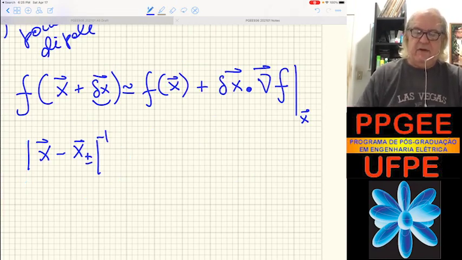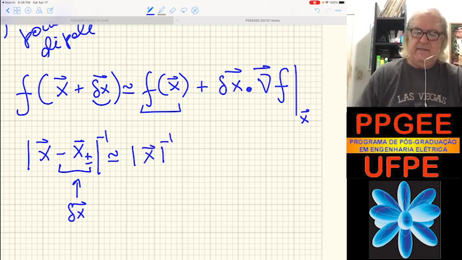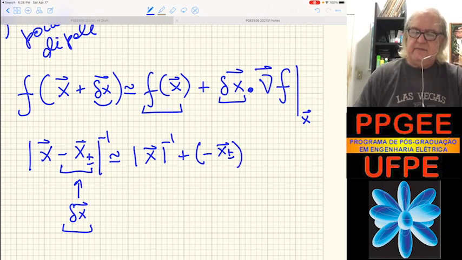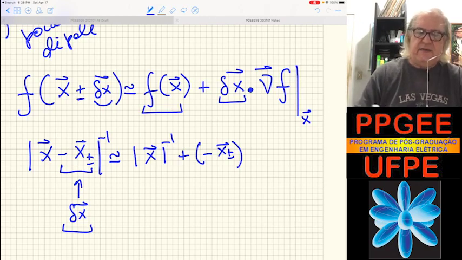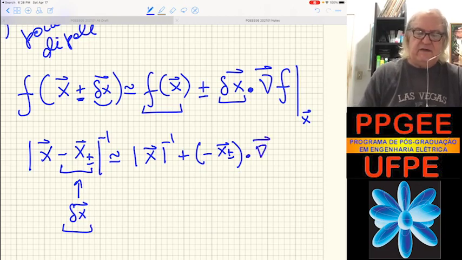This is approximately the function at x, which is x to the minus 1, plus the correction, delta x, which is minus x plus minus, dot gradient of the inverse function.